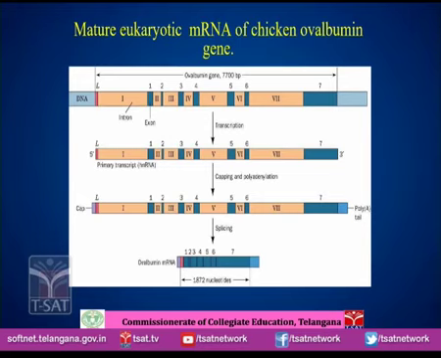Here I have given one important gene, which codes for ovalbumin and has 7700 base pairs.